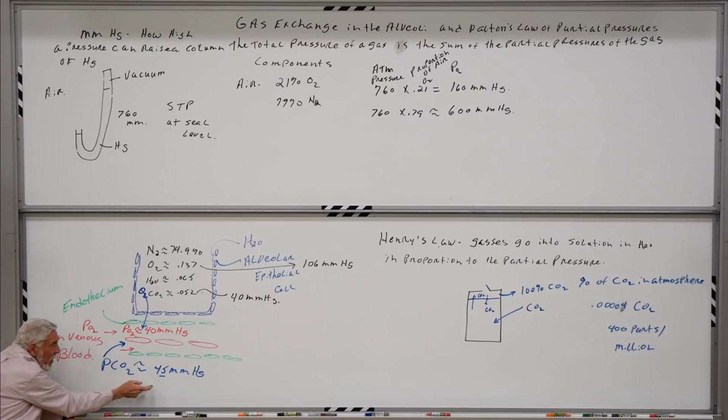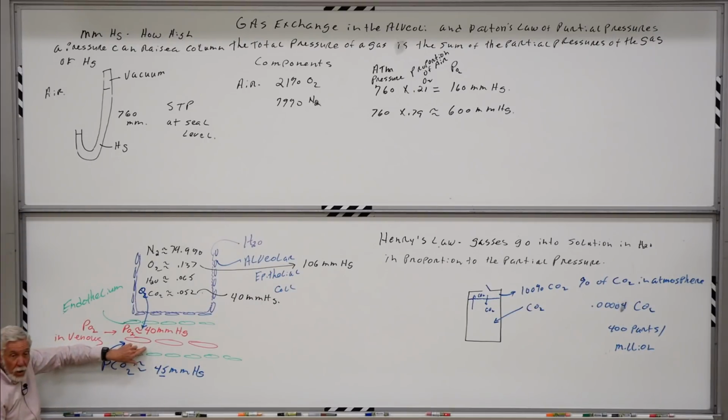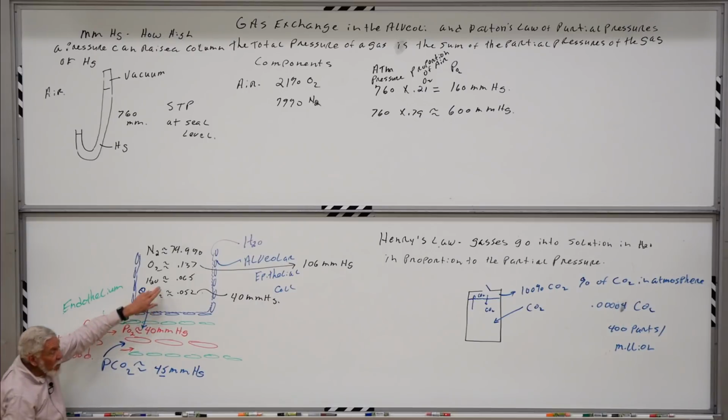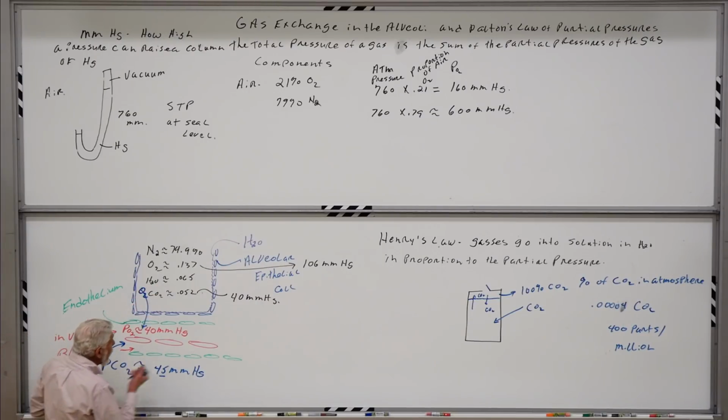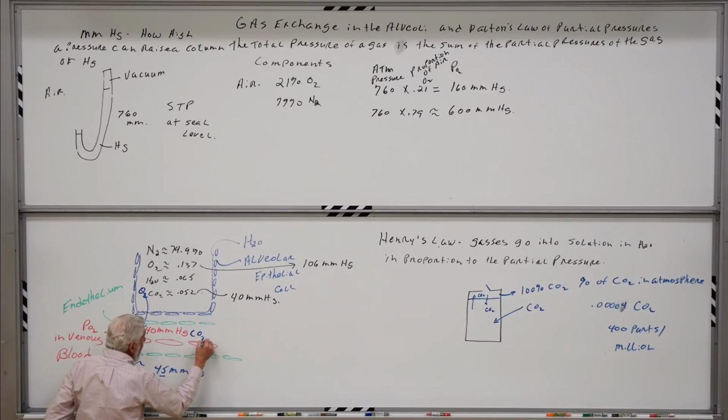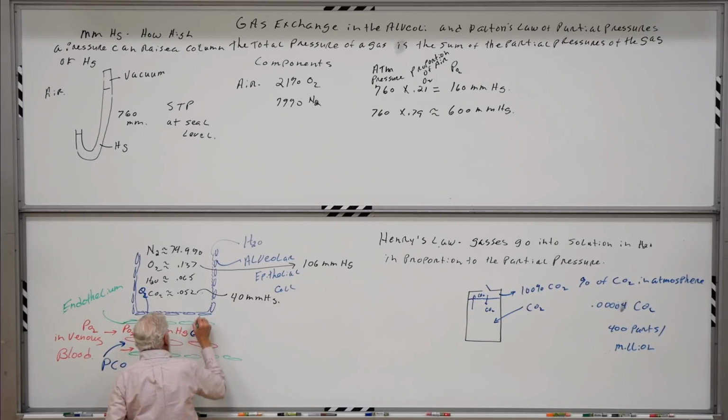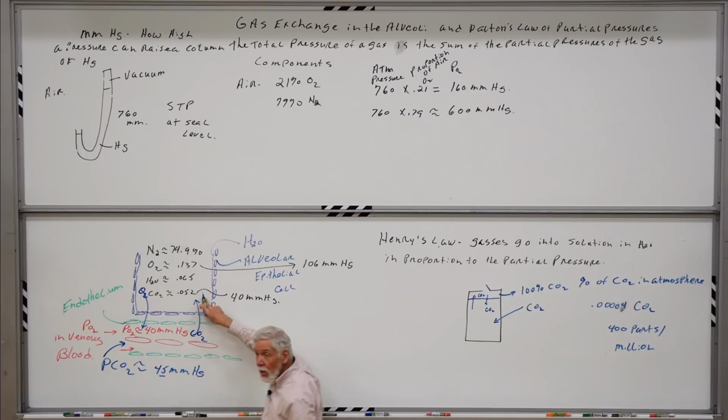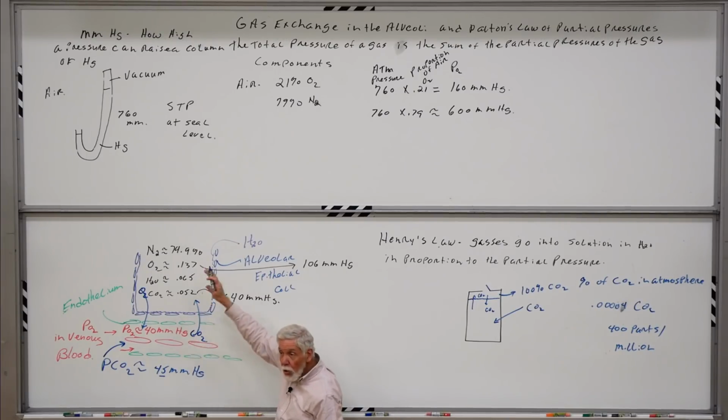Again, thinking of these arcane terms of millimeters of mercury simply as concentrations, we can simply say there's more carbon dioxide here than there is here. So now we have a carbon dioxide gradient such that carbon dioxide is going to leave the blood vascular compartment and go into the alveolar space. We're just looking at this in terms of gradients.